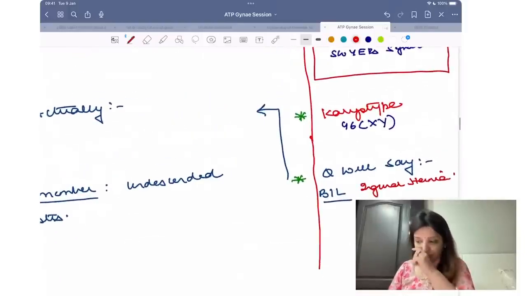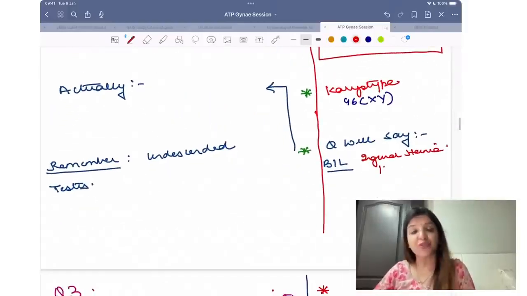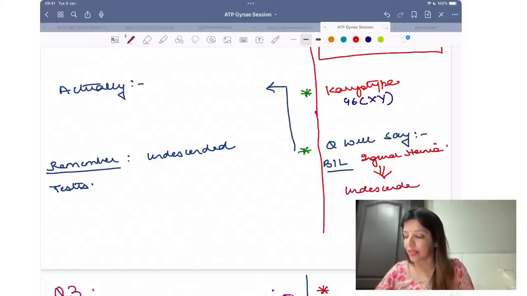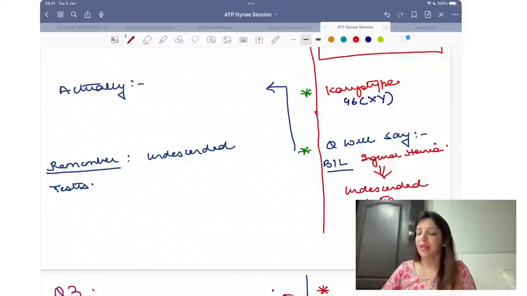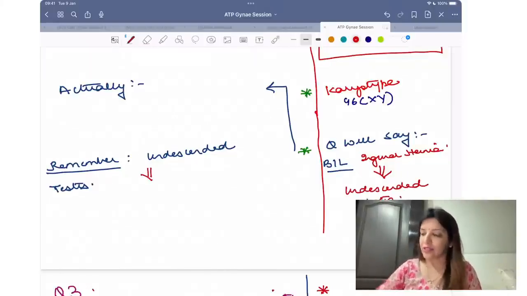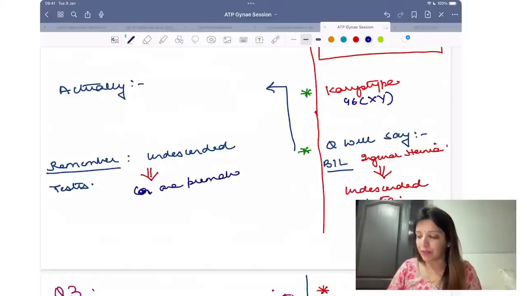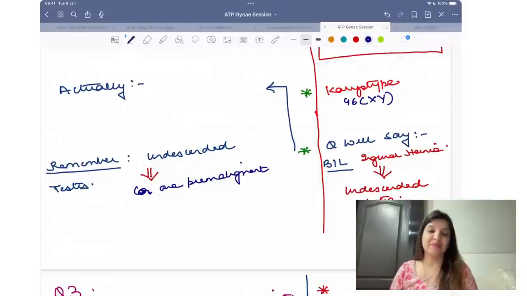Then in this case, this bilateral inguinal hernia, they are actually undescended testes. And undescended testes are pre-malignant. They can undergo malignancy.